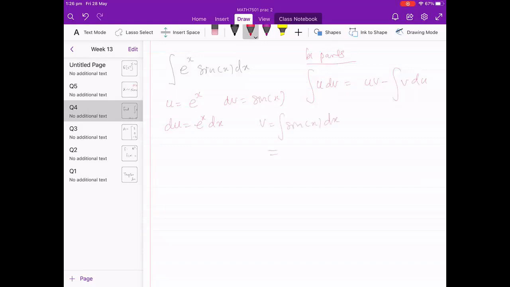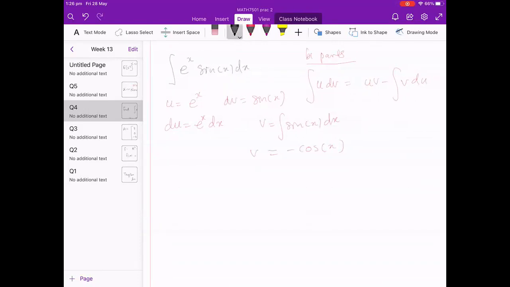What is that? What's the integral of sin x? Yeah, minus cos x.